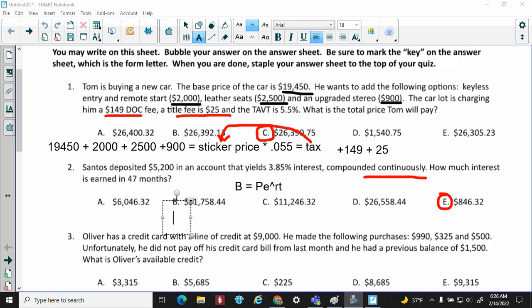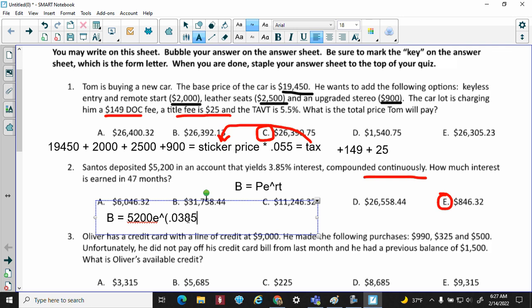I had to pause the video, so I'm not sure exactly where I stopped. So B equals, let's see, 5,200 is going to be my principal, times E raised to the power of R, which as a decimal will be 0.0385. Actually, I should type this in the way I typed it into my calculator, so I would put a parenthesis here.